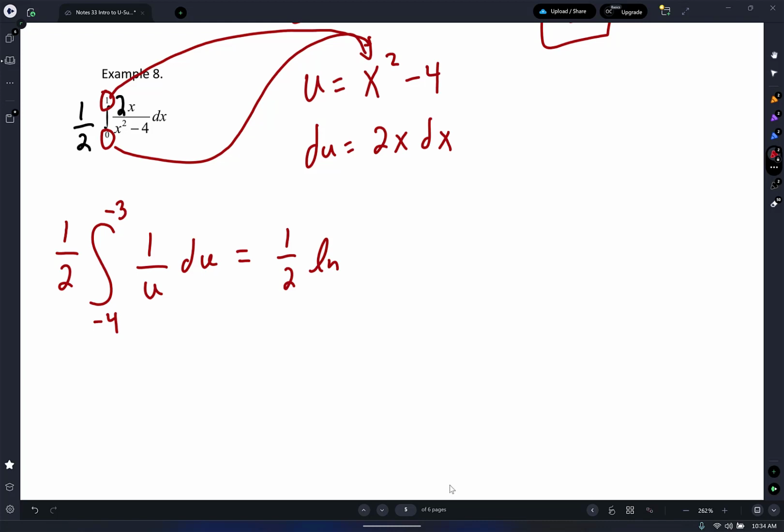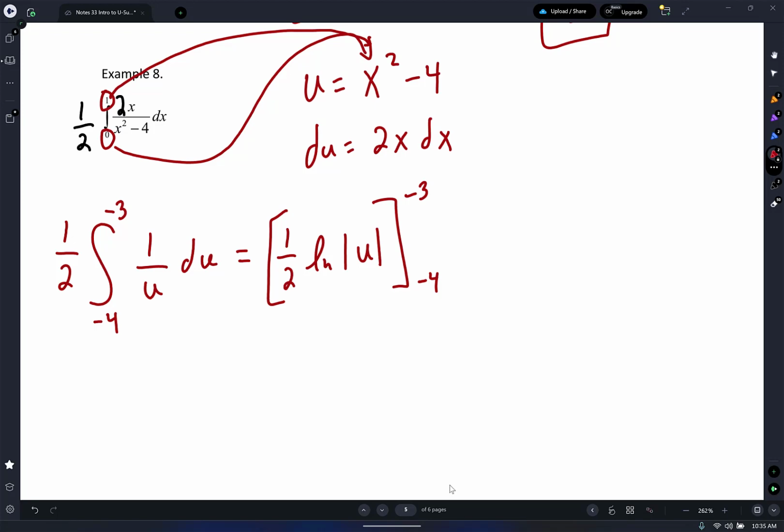What's the antiderivative of 1 over u? ln, and I put absolute value of u. And I'm going to write -4 to -3. You're not going back to your x. If there's limits, you're going to stay with u. It's a new u. Cool or not cool?